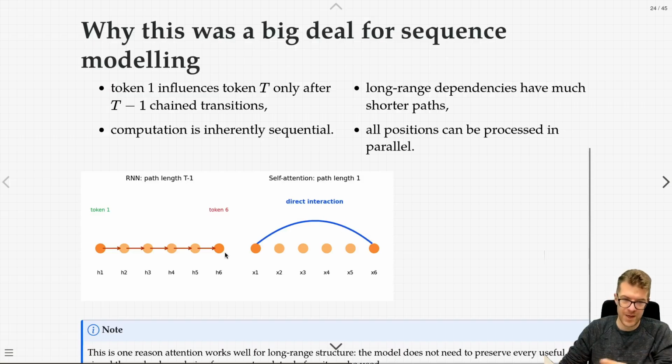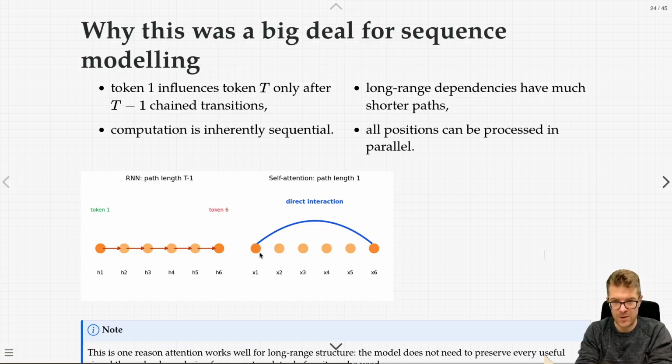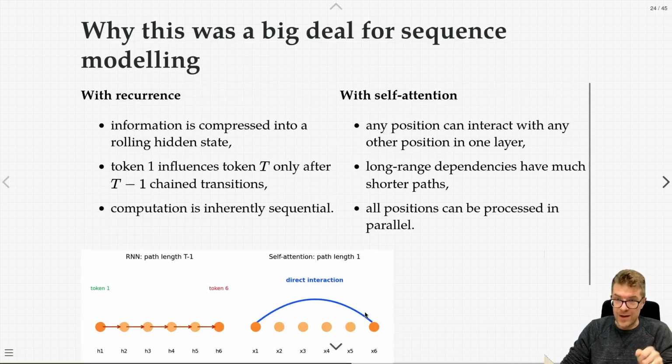So you can skip over everything else and have this direct connection. There's no risk of overwriting information in the first position. I just take direct use of it through my key, which I have learned points me to this vector at position 1 with a high score. So this can all be done directly. I can interact with any other position in my layer.